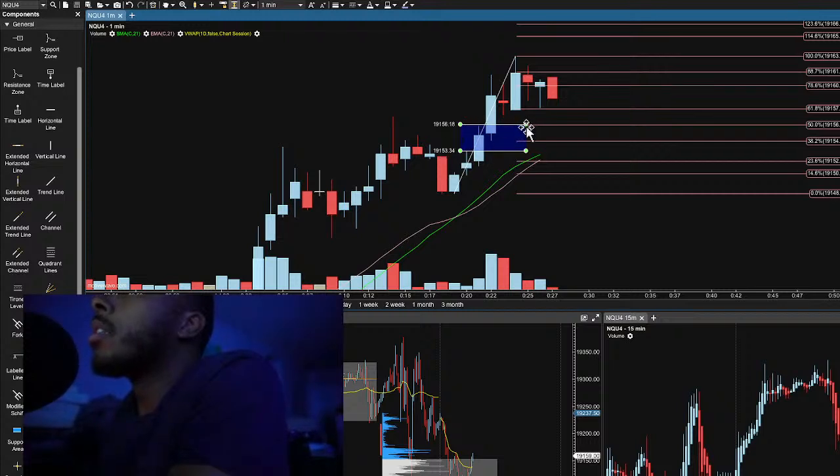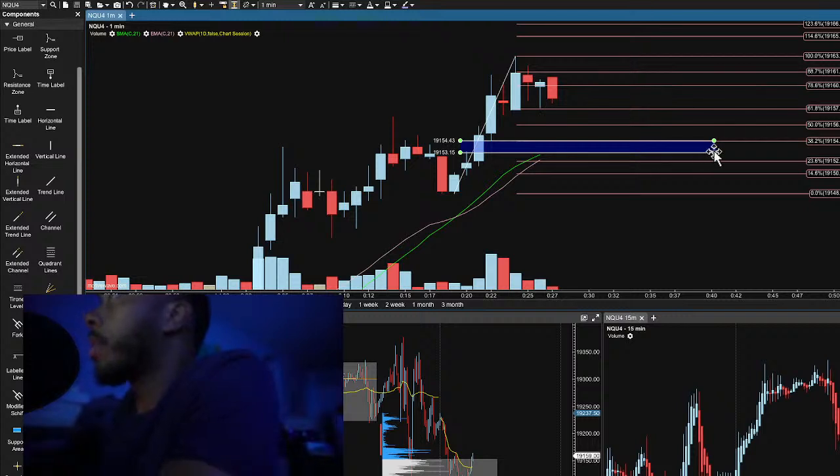Technically, this is considered a fair value gap, so theoretically the price should hit this area again, which is crazy. It's at 38%. So I guess your entry would be up here or something, and then I don't know. Like I said, I'm still trying to learn one strategy at a time.